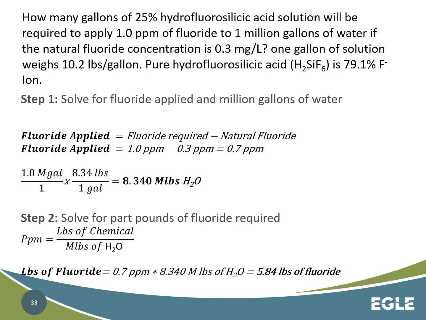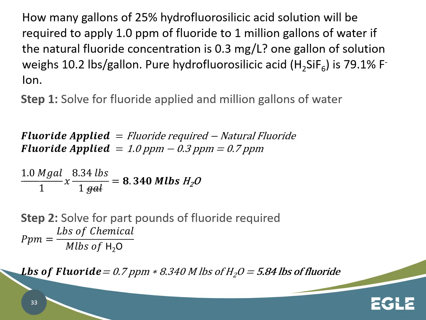We then solve for our million pounds of water in step 1. In step 2, we want to find the pounds of pure fluoride that we need to add for the 0.7 ppm. We're using 0.7, not 1.0, because 1.0 would overfeed your desired 1 ppm, since there's already 0.3 natural fluoride in the water.